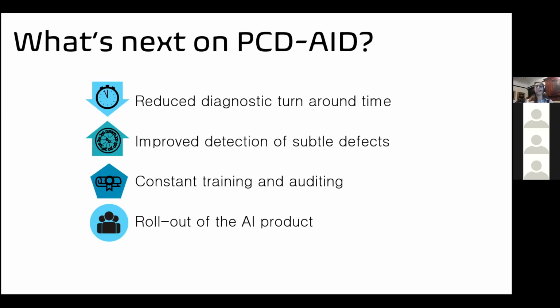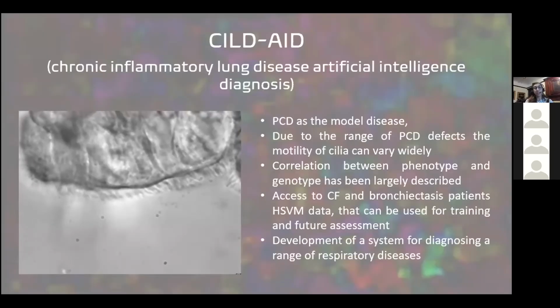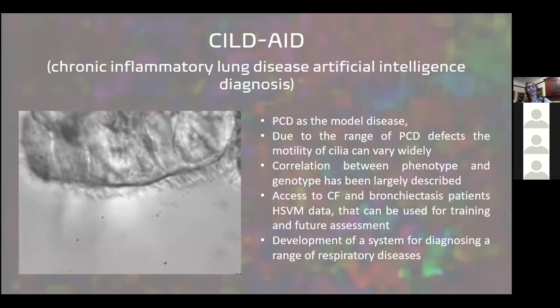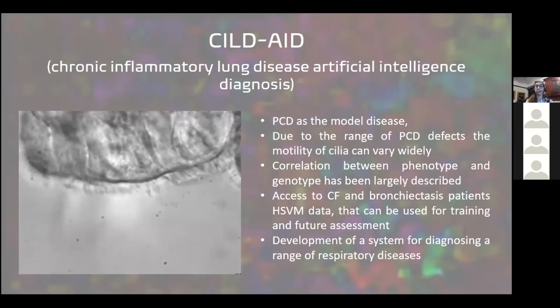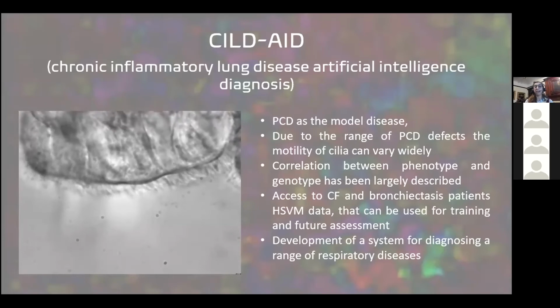This is a phase that we are entering now, and this needs validation, and it's ongoing. Another thing that is ongoing, and it's very fortunate, is the new project that we have. I'm just putting it here, it's on like 3 slides, but I want to talk to you about it because this project is rolling, but it's slightly different, but it's using the same AI platform. It's still using the same machine learning that we're using for the electron microscopy images of cilia.